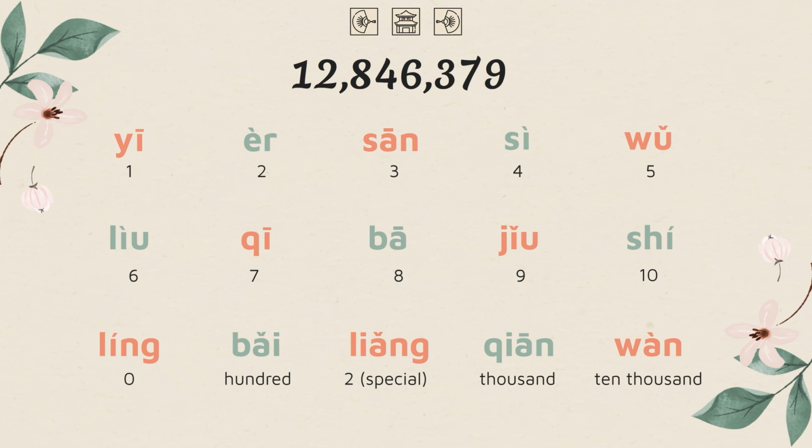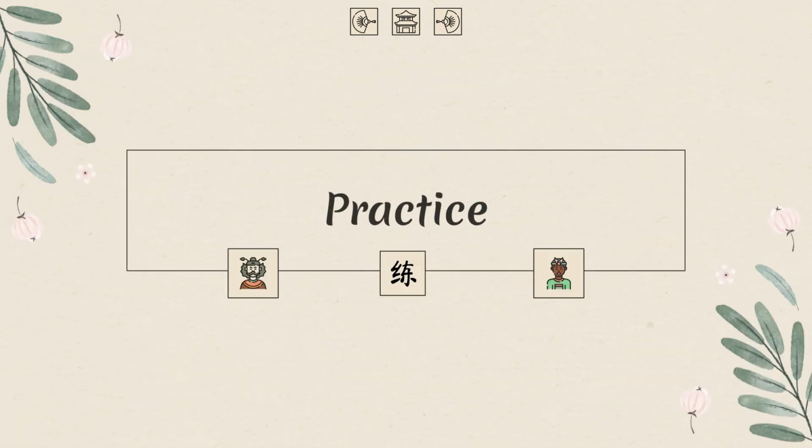It's actually a little hard for me as a native speaker to say these big numbers as well. So don't feel bad. Okay, so we're gonna practice. Don't worry, the practice will involve smaller numbers too, so it's not just huge numbers.